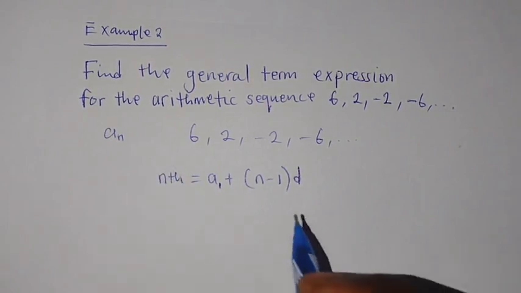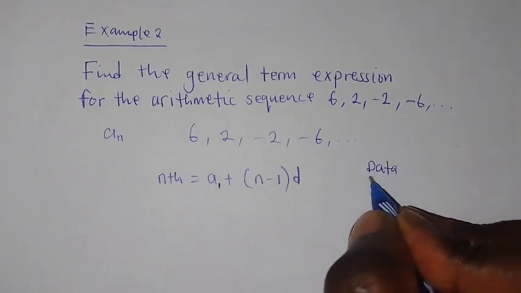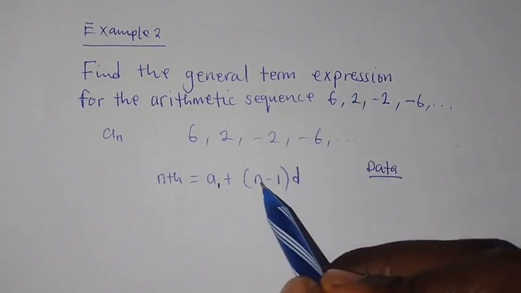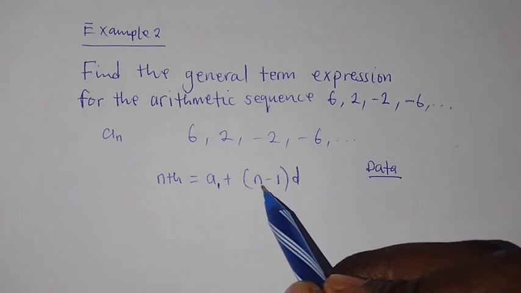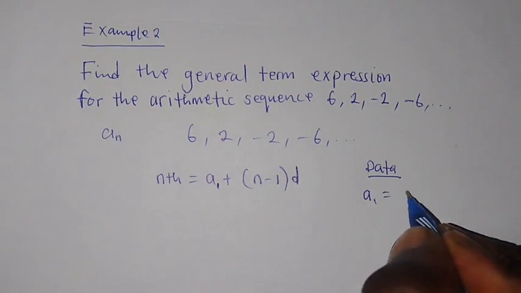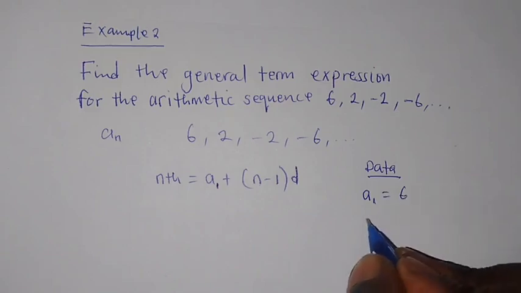Okay, so now let us try to organize our data. Remember, we are finding the general term expression, so this n is not going to be substituted with any value. Our term 1 is 6.